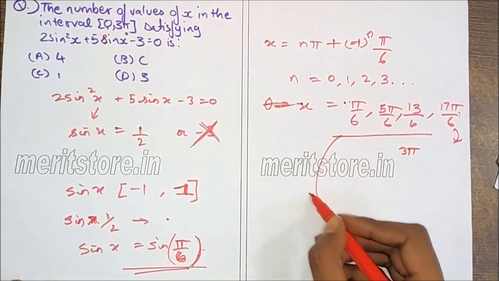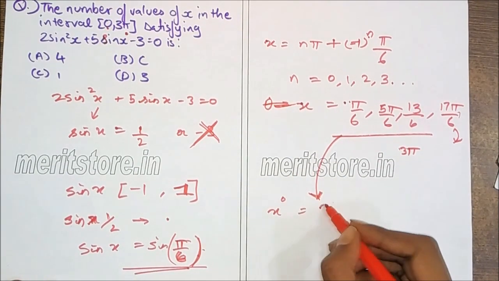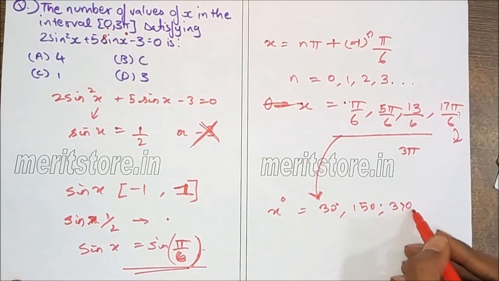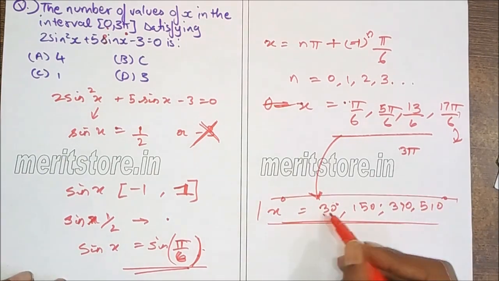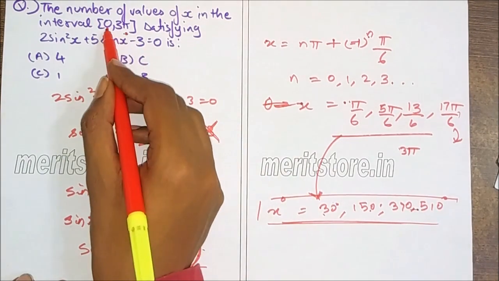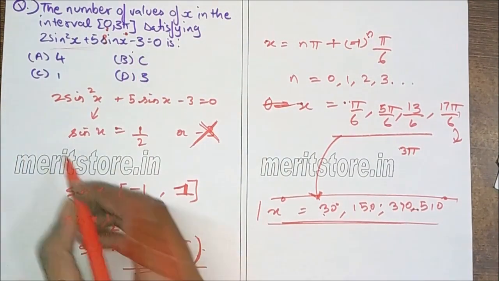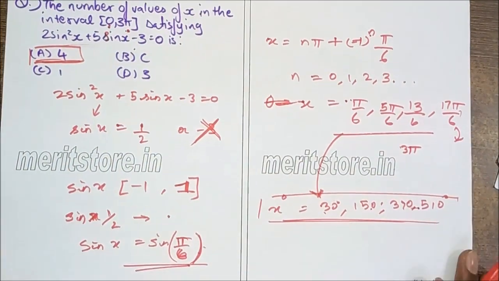So this can be converted into degrees. So theta in degrees is 30, 150, 390 and 510. So there are only 4 values which are greater than 0 and less than 3 pi which satisfy this equation. So the answer is A, 4. So there are 4 values of x.